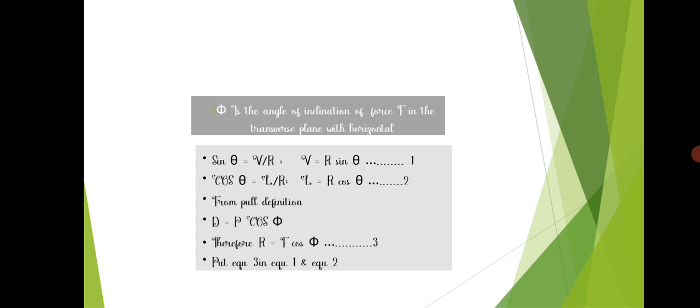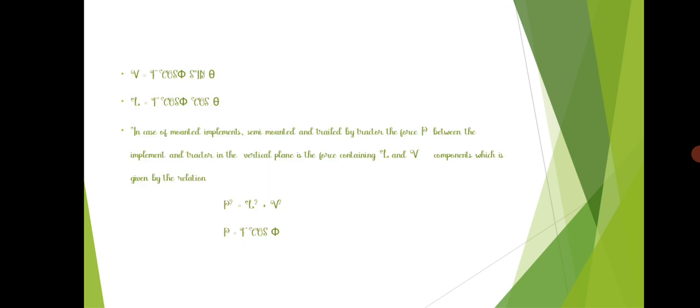From the force definition, D is equal to P cos phi. Therefore, R is equal to F cos phi. This is equation 3. Put equation 3 in equation 1 and 2. So you will get V is equal to F cos phi sin theta, L is equal to F cos phi cos theta.